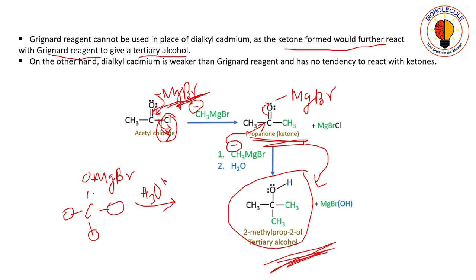Okay. So on the other hand, dialkyl cadmium is weaker than Grignard reagent and it has no tendency to react with ketones. So you see that dialkyl cadmium is a milder reagent. So it will not react further with ketones. So we can stop the reaction at carbonyl stage.